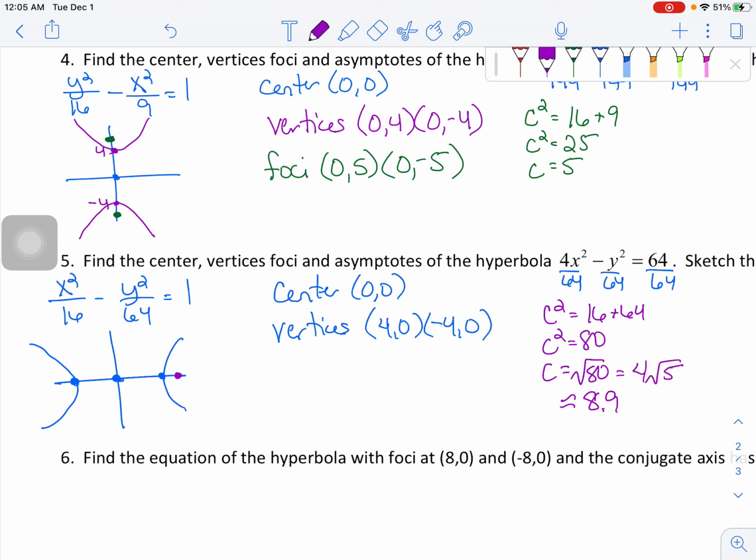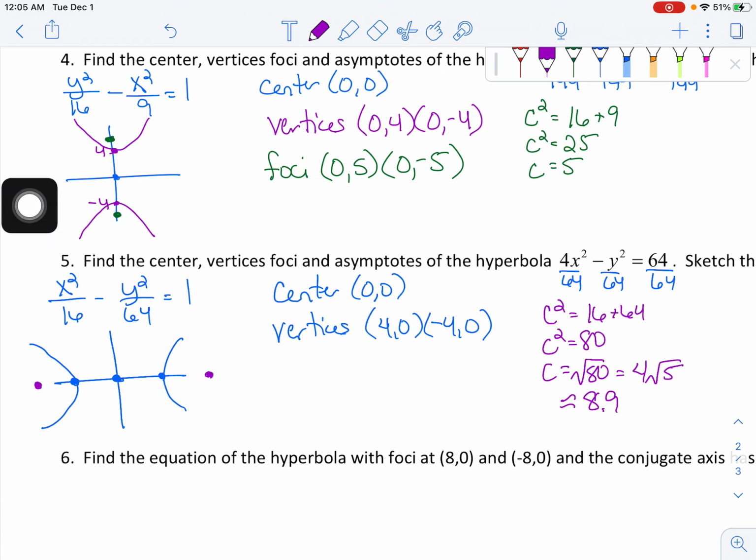So this is going to be right about, actually, that would be way further out here, because this was 4. This is supposed to be 8.9. But that's where the sketch comes in. I'm not going to be too picky about it.